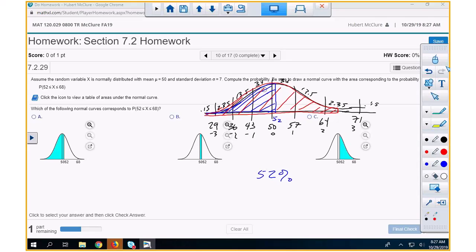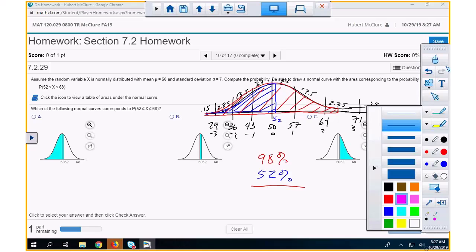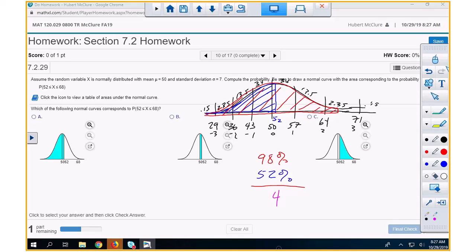This is 84, and this is 97, so that's about, I'm going to just say 98%. Take this, that'd be a 46. So I'm thinking around 45, 46 percent, or 0.46.